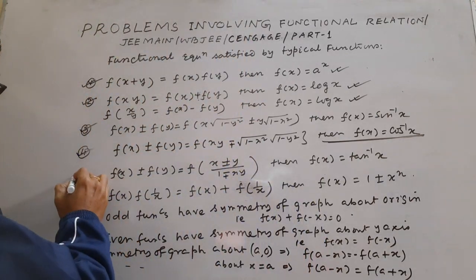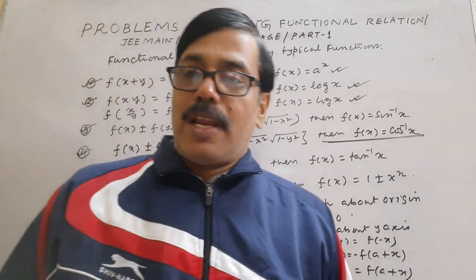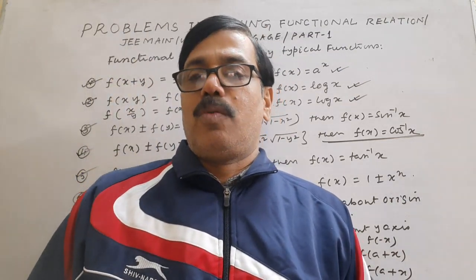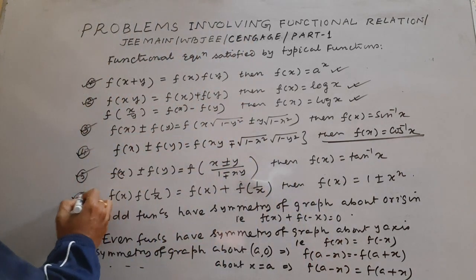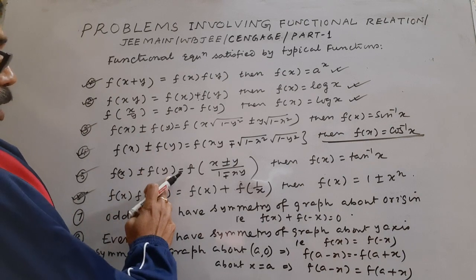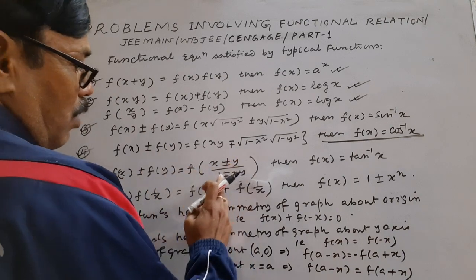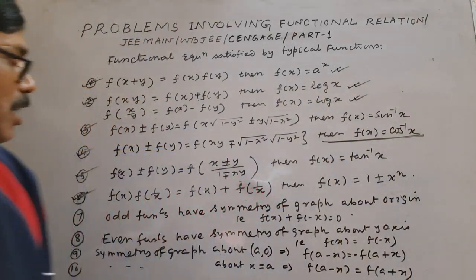Then problem number 5. Tan inverse x plus tan inverse y equals tan inverse of x plus y by 1 minus xy. So f(x) plus f(y) equals f of x plus y by 1 minus xy, then f(x) equals tan inverse x.